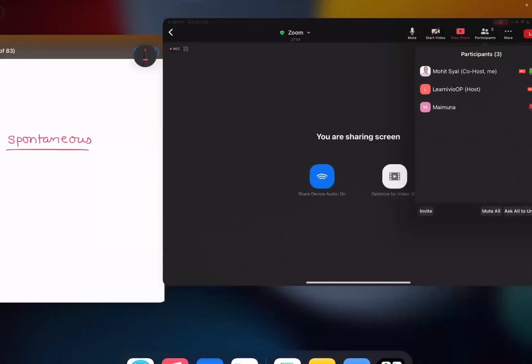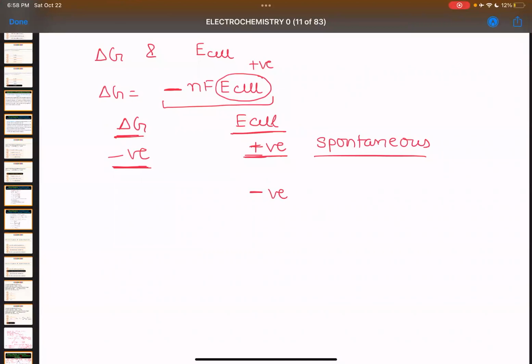The cell works only if you have a positive EMF value. Negative EMF means the cell reaction will not work, the cell will stop working. So it is non-spontaneous.